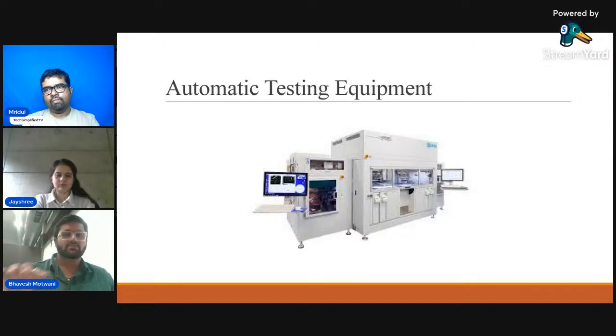You don't need many equipments to handle and maintain; you just need one machine, and based on that you can do several testings. It needs maintenance, but not huge maintenance every week or month. So this is kind of an all-rounder. You can do every single testing in a single machine.